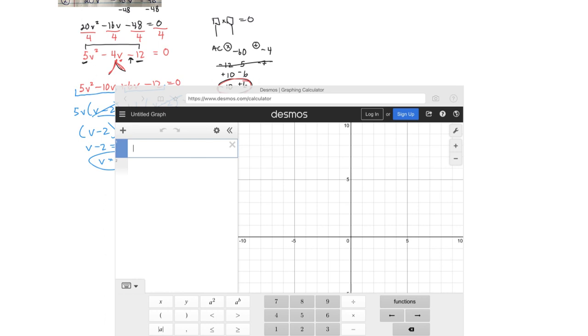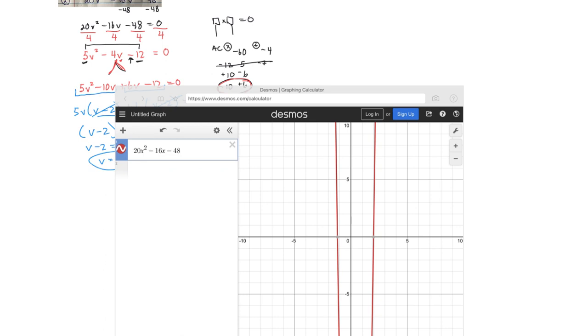So I want to go 20, and instead of a v, I'm going to use x. I think that they allow you to do a v, but I'm going to use x because it's right there. Minus 16x minus 48. So I want to check to see where those lines cross.